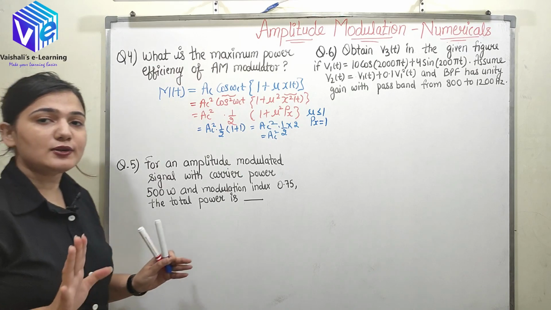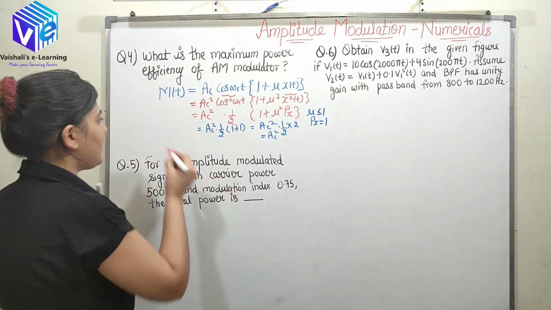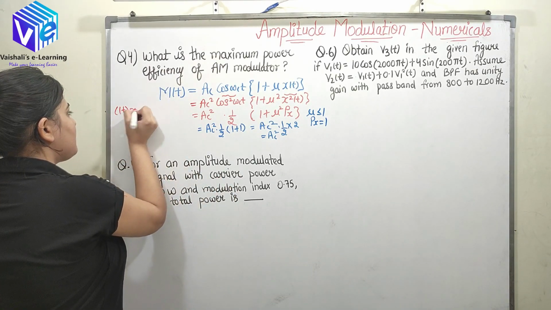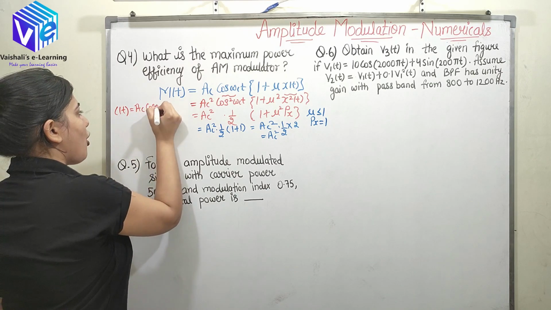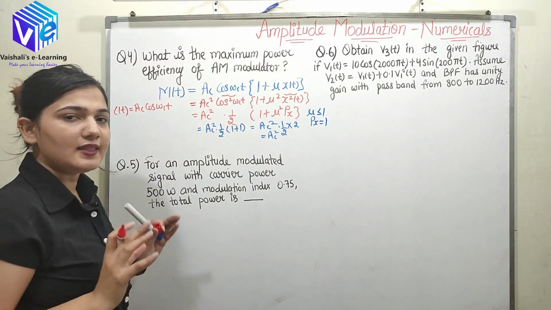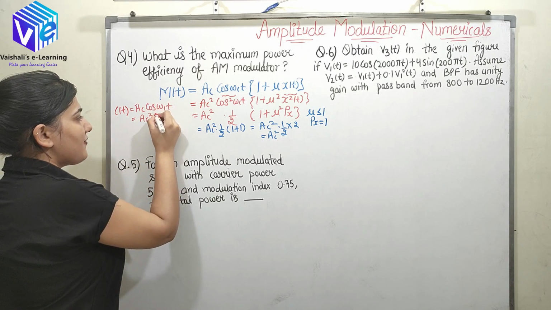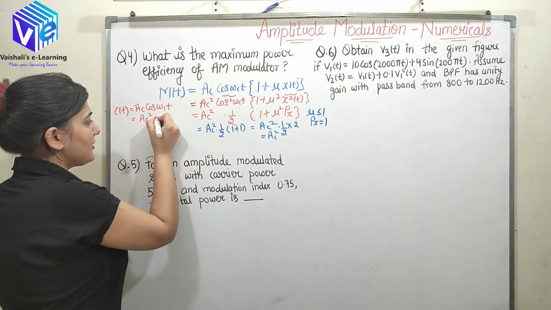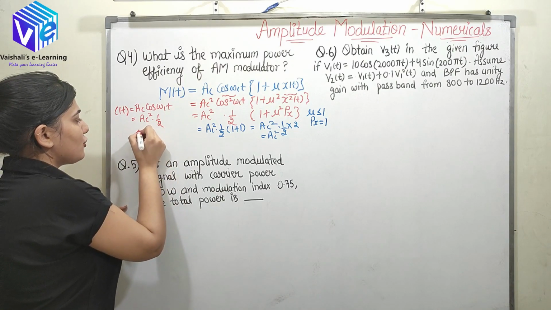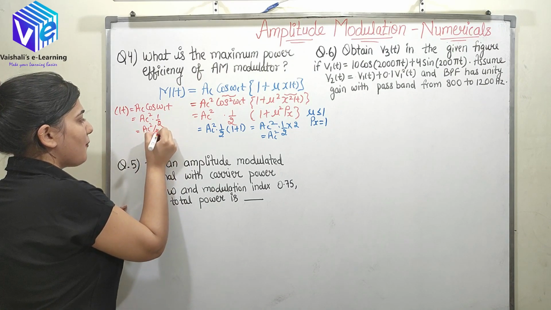Now before modulation I have the carrier wave, and the carrier wave is represented by Ac cos ωct. Now its power will be Ac² into mean square value of cos² ωct, which is 1/2. So it is Ac²/2.